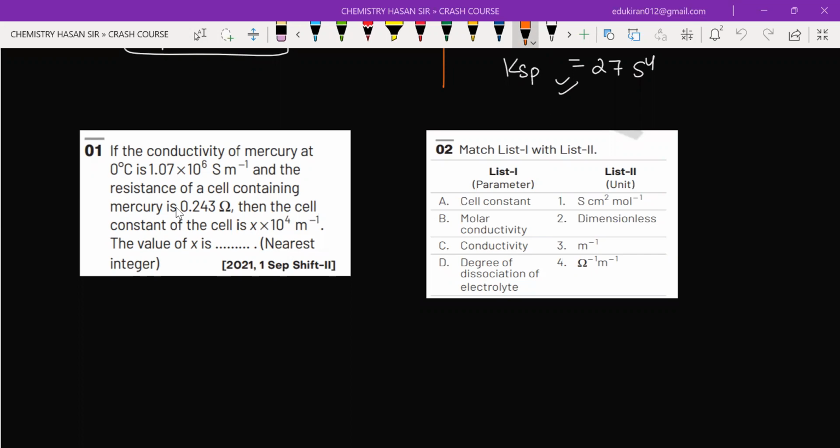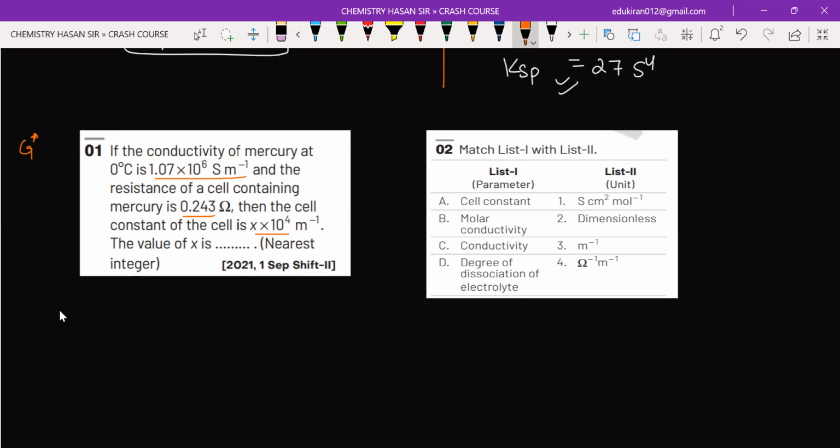Very good, Hamza. See, the conductivity of mercury at 0 degrees centigrade is given. Just wait a minute, KV, I will check it out. Okay, very good. Conductivity is given and the resistance of a cell is this. Then the cell constant of the cell is this, represented by G star.